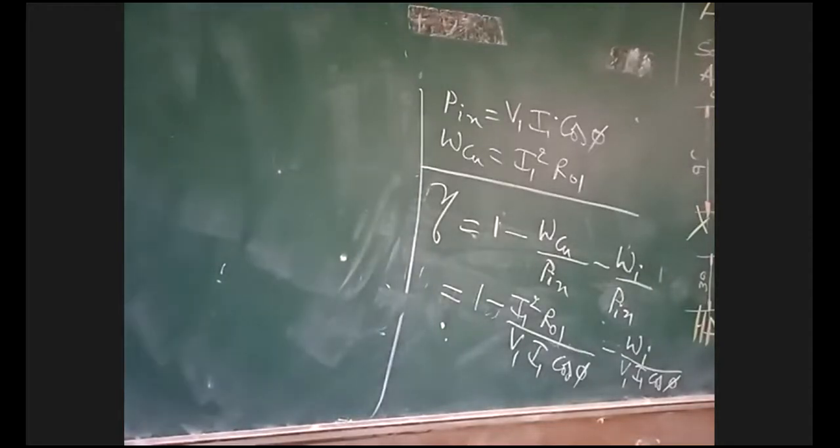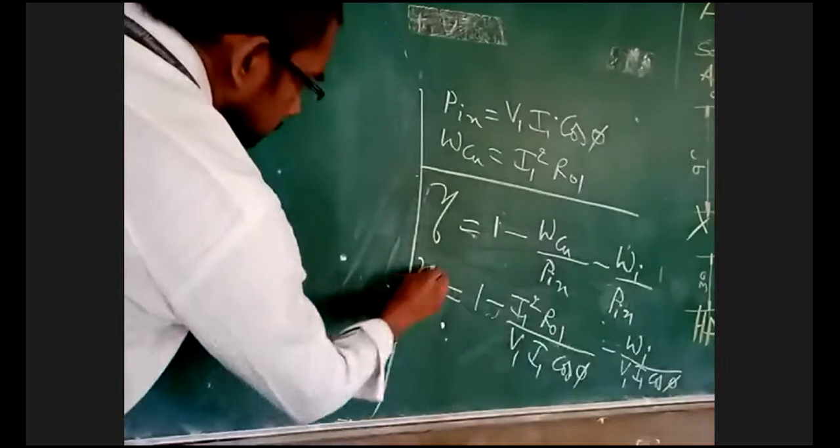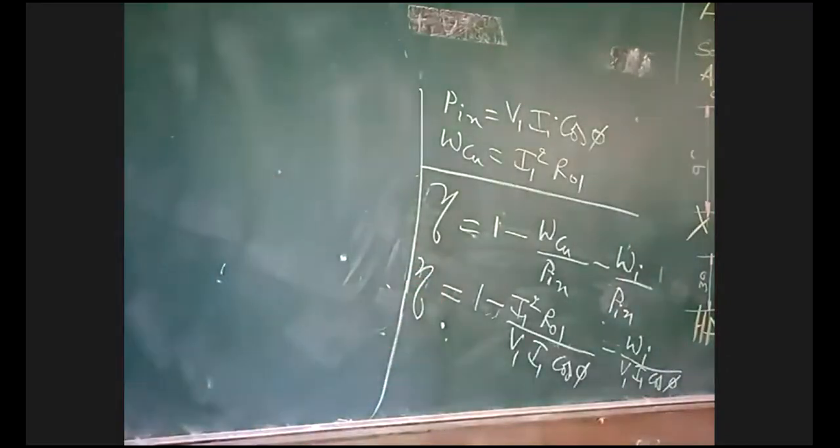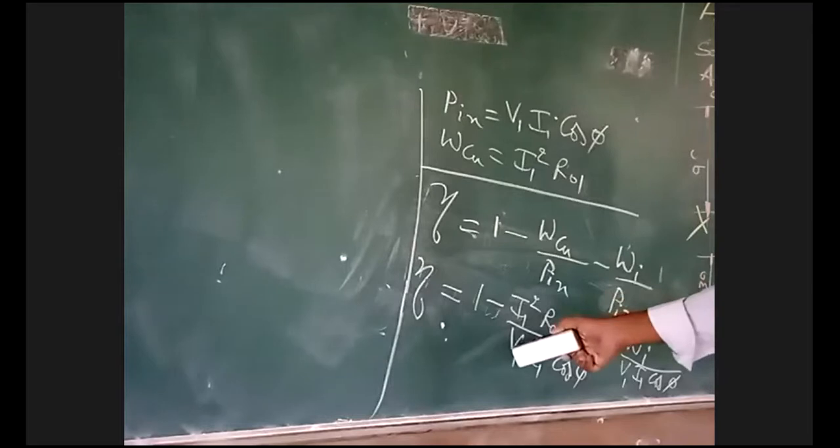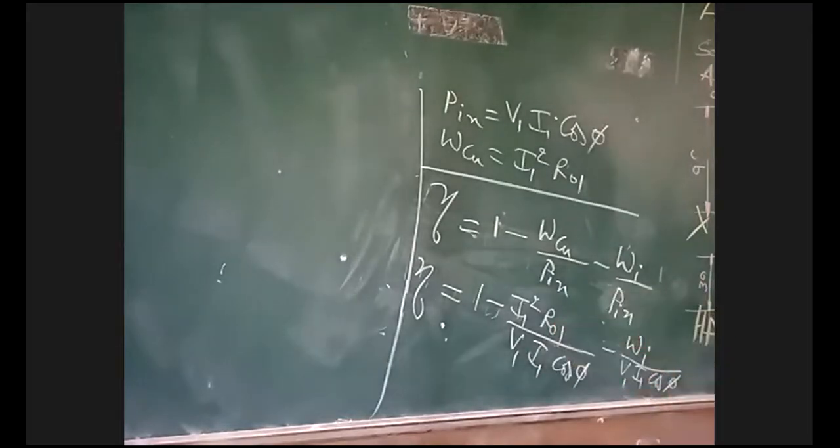In this efficiency equation, what is the variable? See here. R01 is constant. V1 is constant. Cos phi is constant.